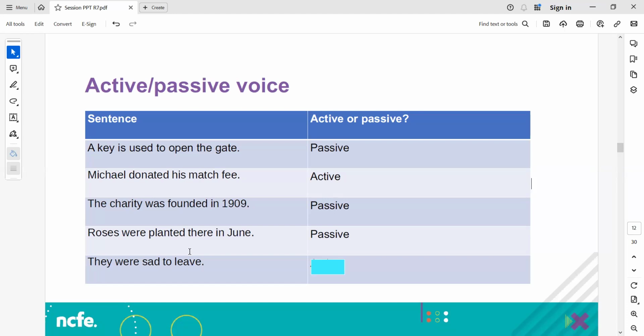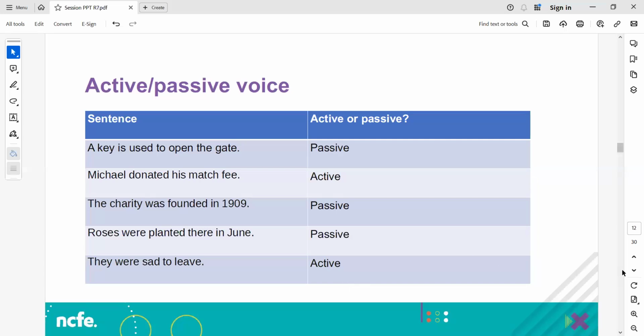But it's passive, roses were planted. And finally, they were sad to leave. It's active because it's they. Yeah, so it's active. It starts with they, with the subject.